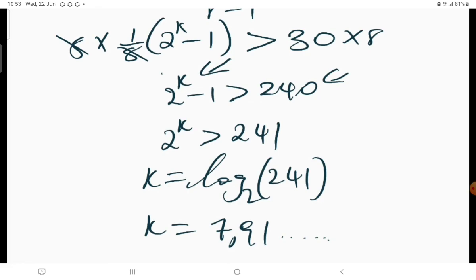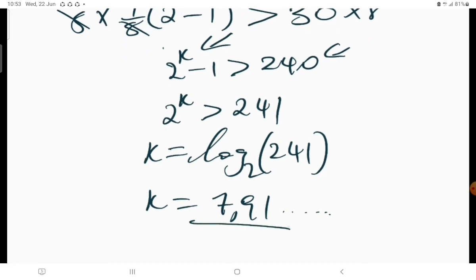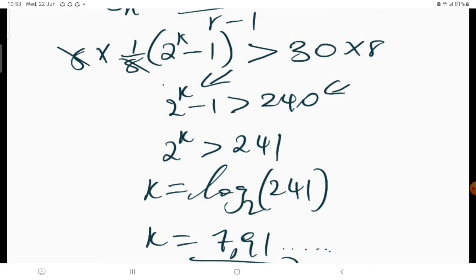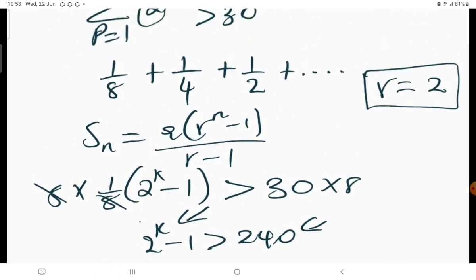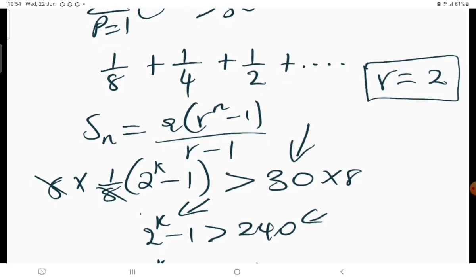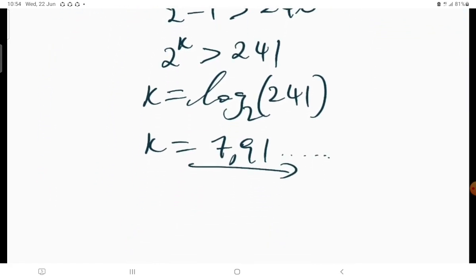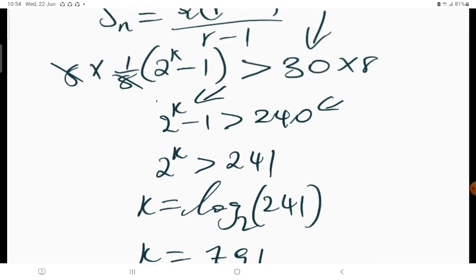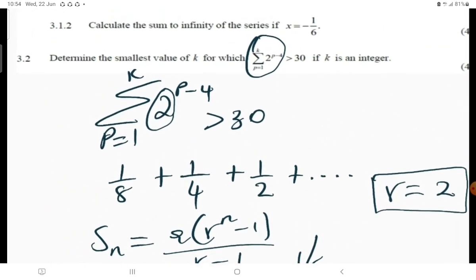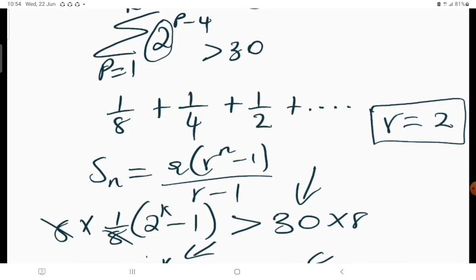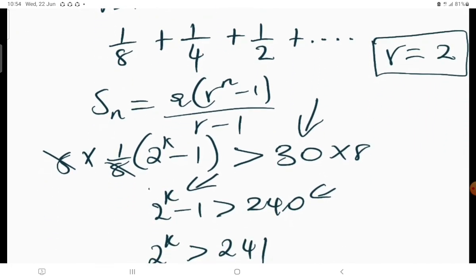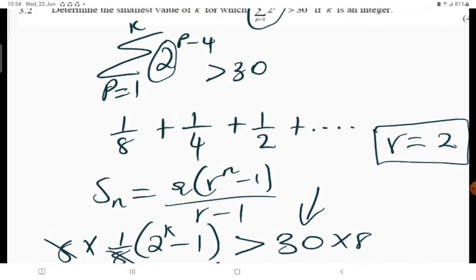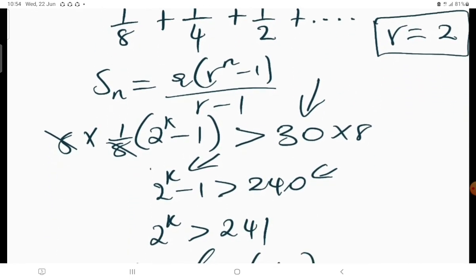But if k is greater than what we just got, then we're going to get a number which is greater than 240, or if we go back, a number which is greater than 30. So our k in conclusion is equal to 8. This is just a tricky question that needed deep analysis and an understanding of algebra at the most, and the nature of these series. Otherwise, see you in the next video.